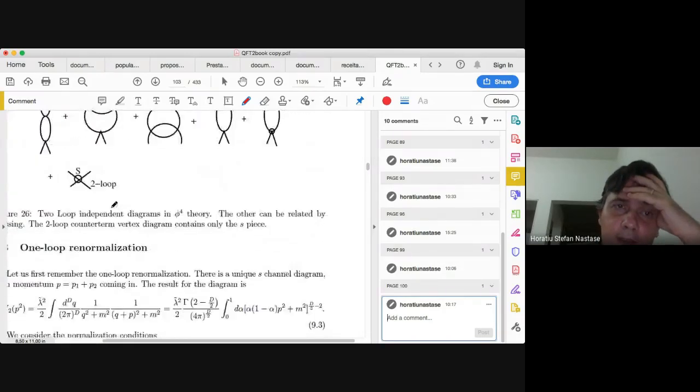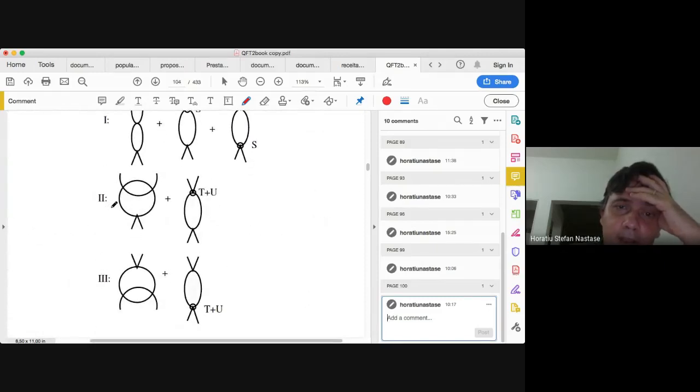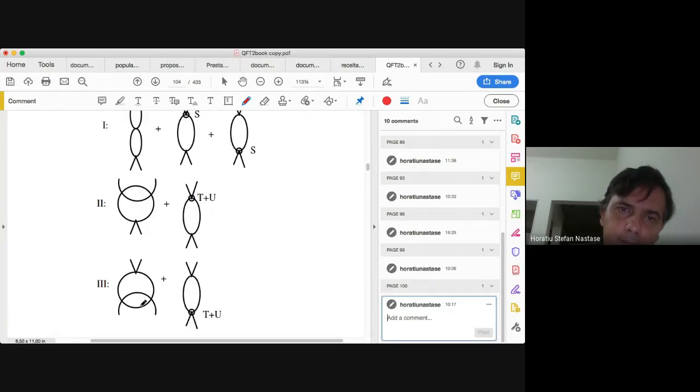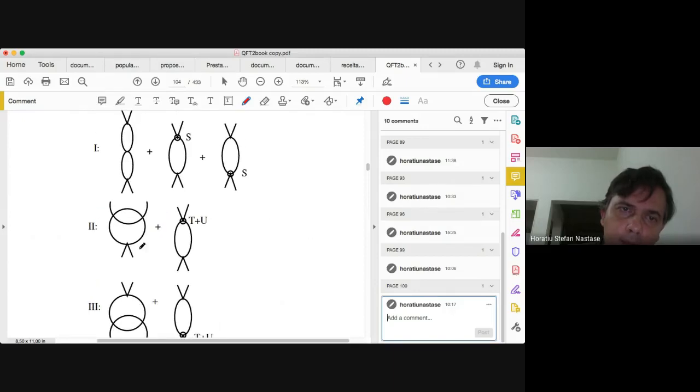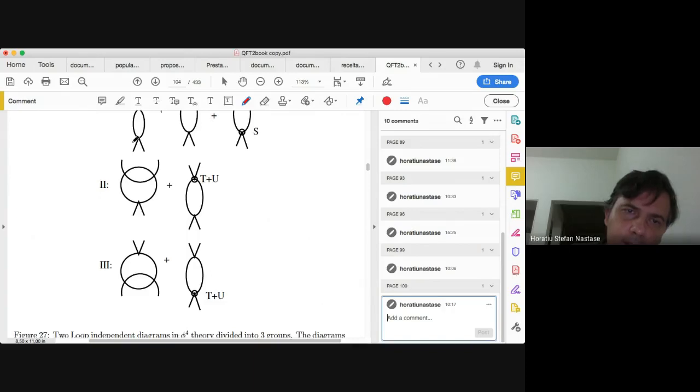All right, so let's write this more precisely. So we had these three diagrams, which were the S channel diagrams without counterterms.